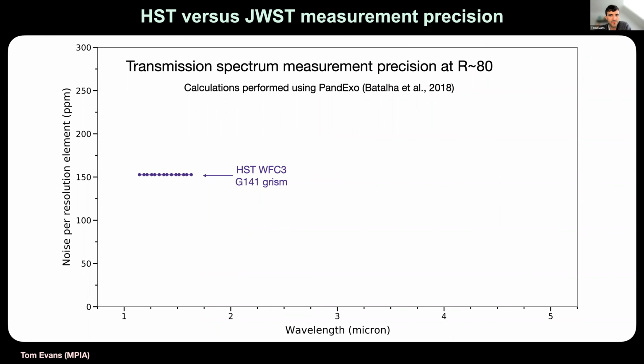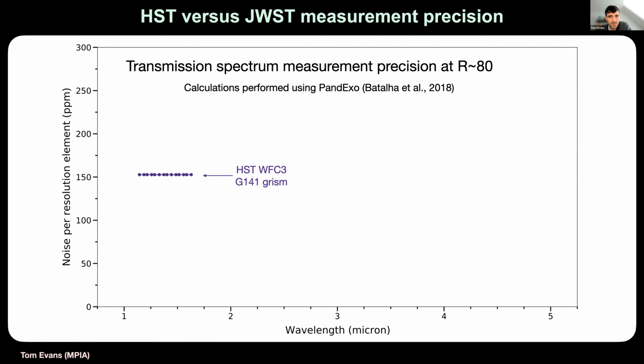So here's a figure showing wavelength along the horizontal axis against the noise in the measured transmission spectrum per resolution element along the vertical axis, where I'm assuming a spectral resolving power of 80, which is what the Hubble transmission spectrum I showed previously was at.